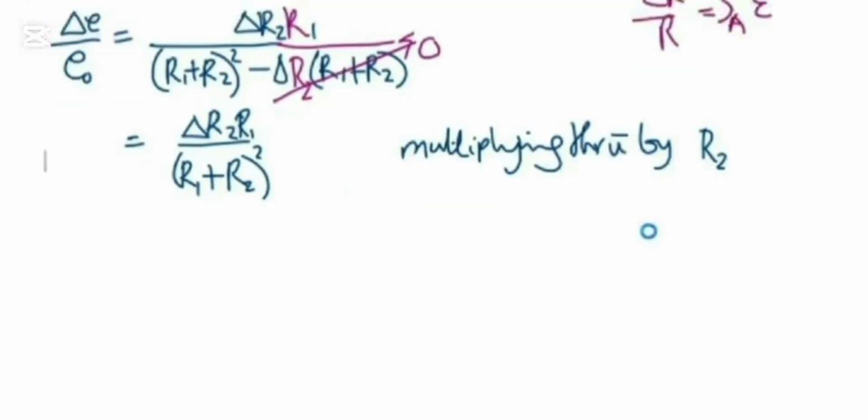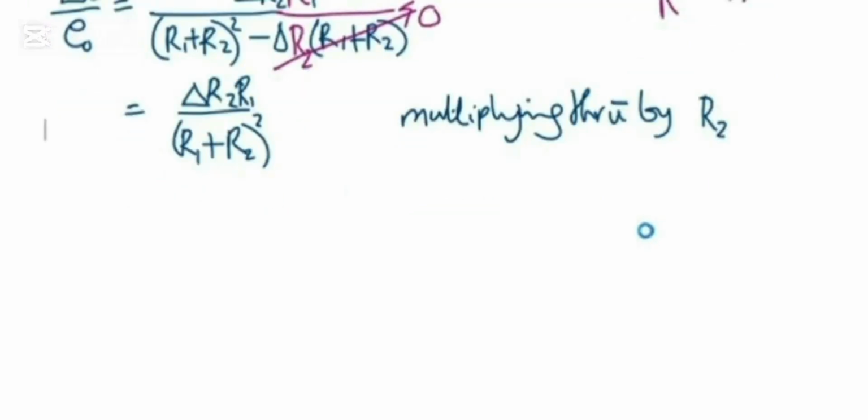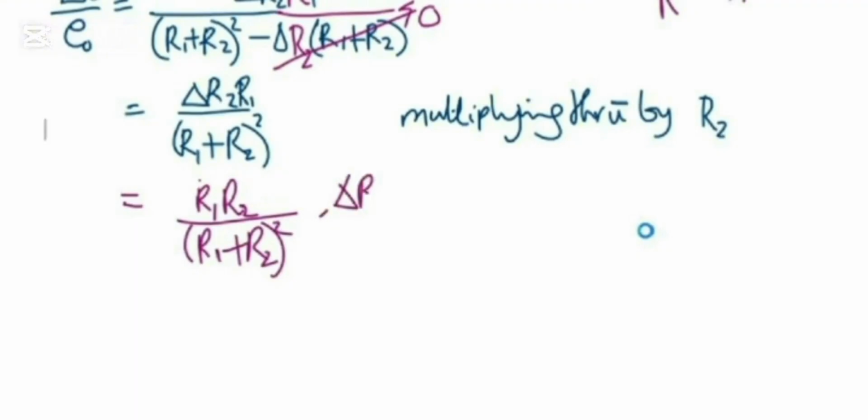Then we can multiply through by what? By R2. So when we multiply through by R2, up and down, then we are going to have R1, R2. So this is the first R2 I'm multiplying all over R1 plus R2 all squared. So the second R2 at the denominator here is changing R2 all over R2.